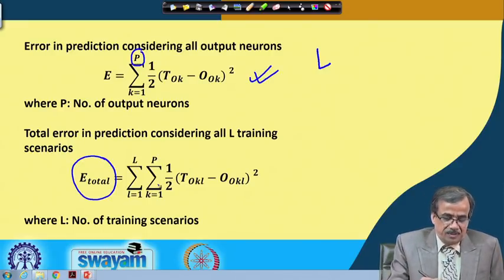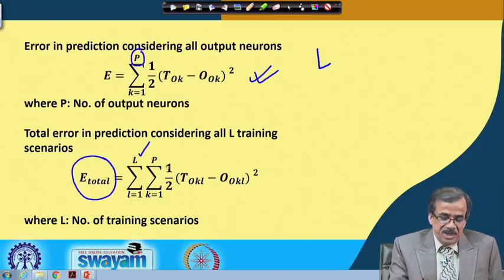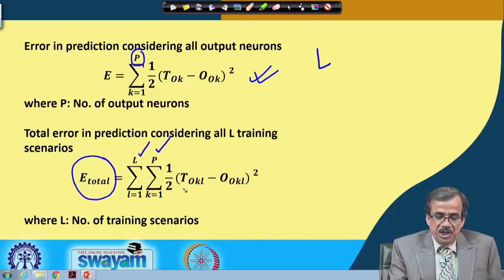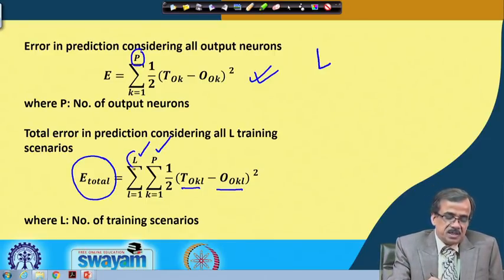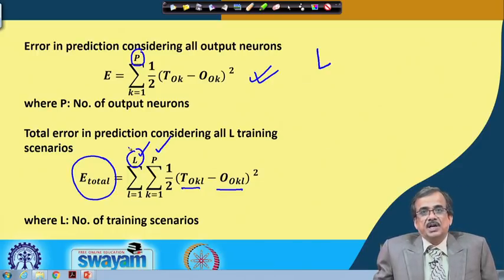So, E total is nothing but summation l equals 1 to capital L, summation k equals 1 to capital P, half (TOKL minus OOKL) squared, where capital L indicates the number of training scenarios.